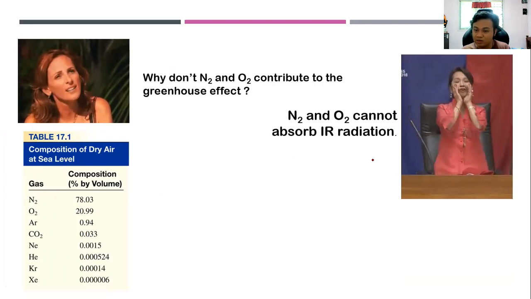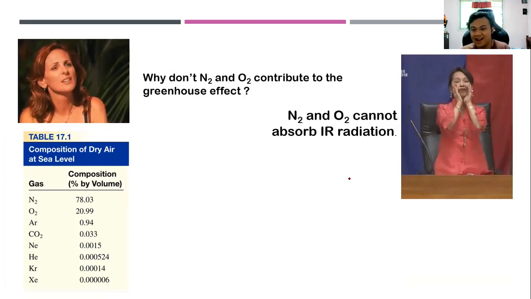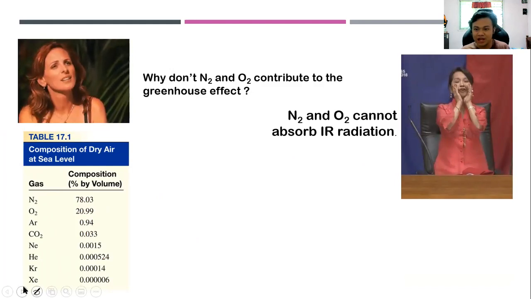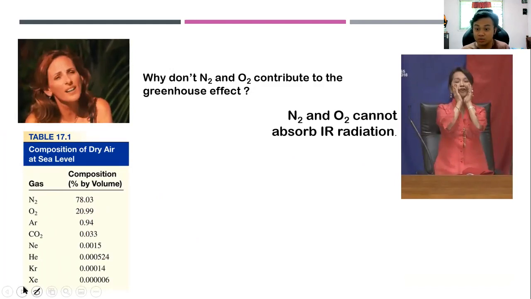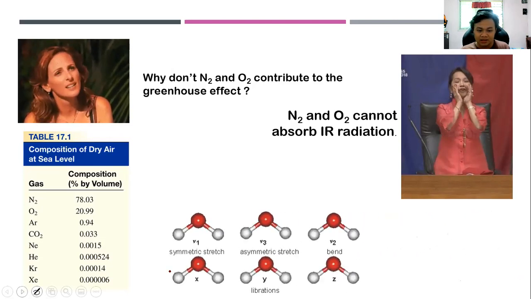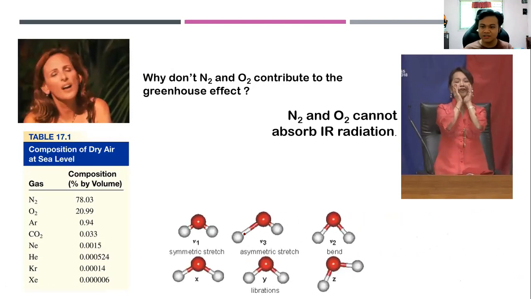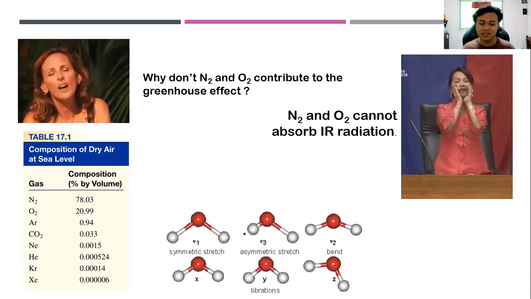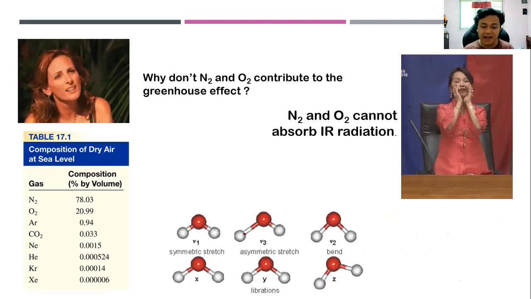N2 and O2 cannot absorb IR radiation. It's actually a bit advanced for you, but here is the explanation from your book. When you get tired, you can exercise, so you can stretch, bend, and so on. The molecule has X, Y vibration.